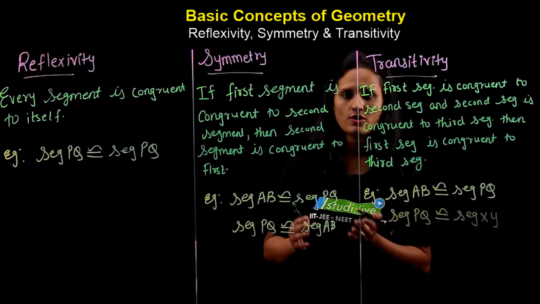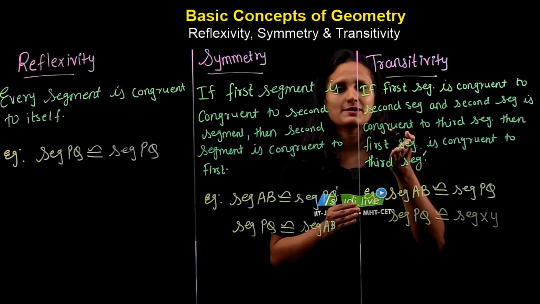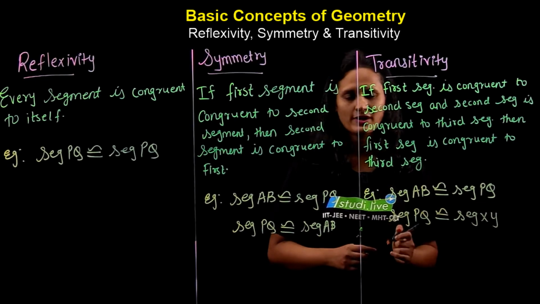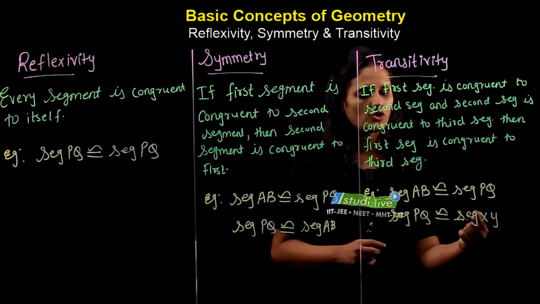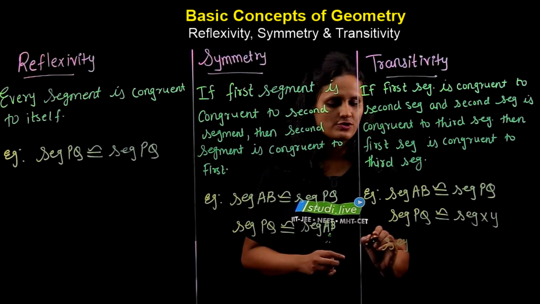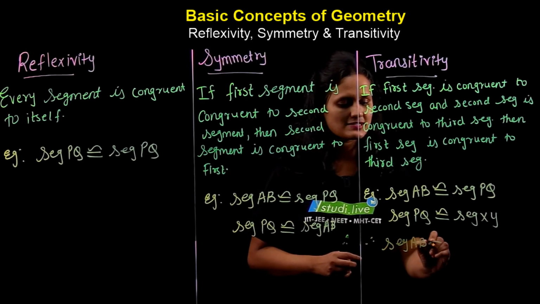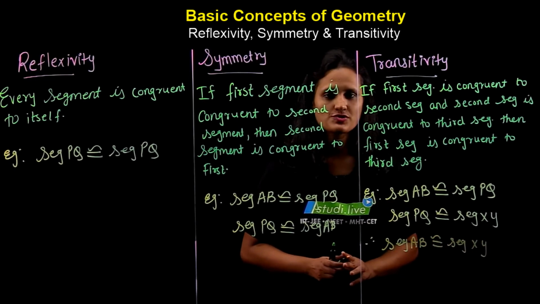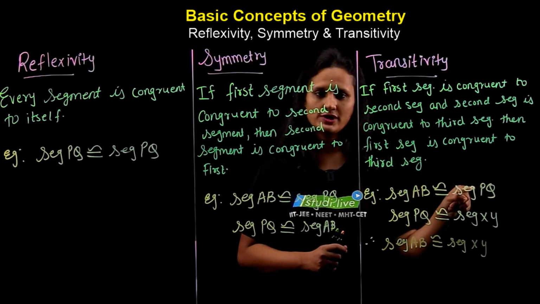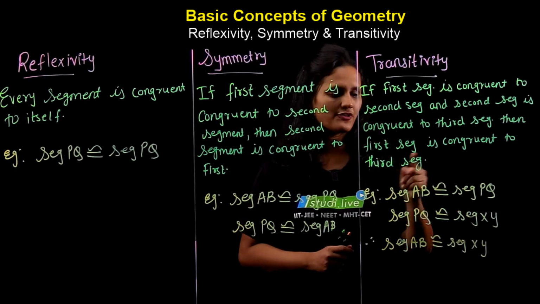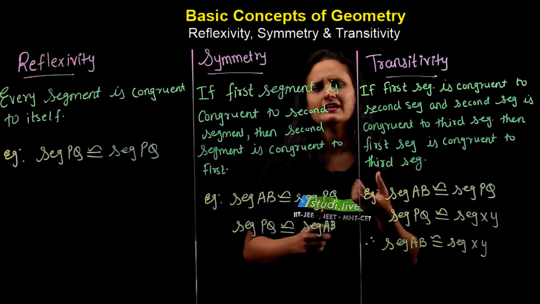Okay, XY also has the same length, meaning segment AB, segment PQ and segment XY have the same length. Okay, then the first is congruent to the third. It means, therefore, segment AB is congruent to segment XY. Okay students, if the first segment is congruent to the second and the second segment is congruent to the third, then the first and third will be congruent, and it is easy.